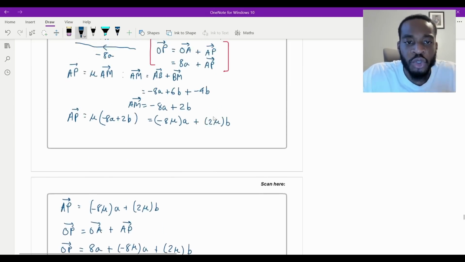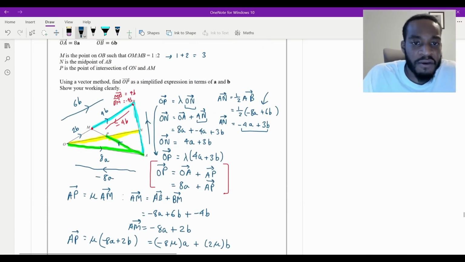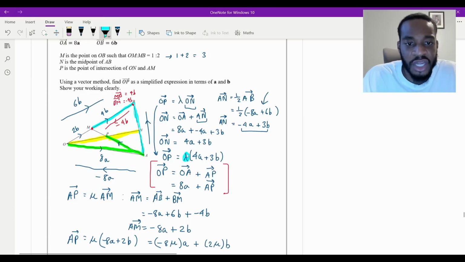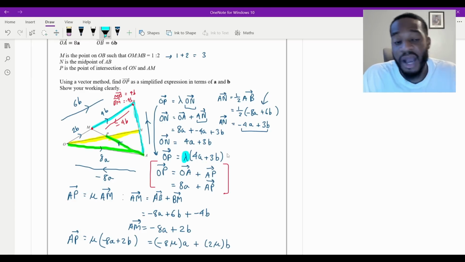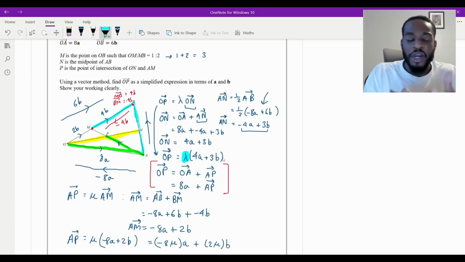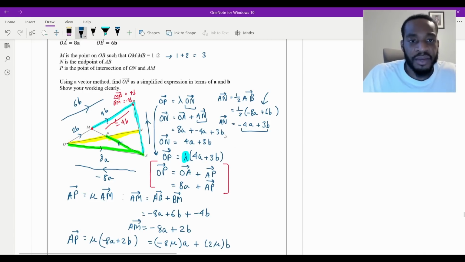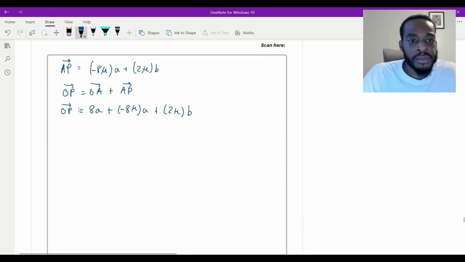Now we are here. Remember what we're trying to do. Don't forget your objective. You want to figure out what this value of lambda is, because once I know lambda, I can just multiply it in. So we want to express O to P in two different ways so we can solve it simultaneously. So I'm going to bring this equation, because it's O to P. O to P is lambda times 4A plus 3B.